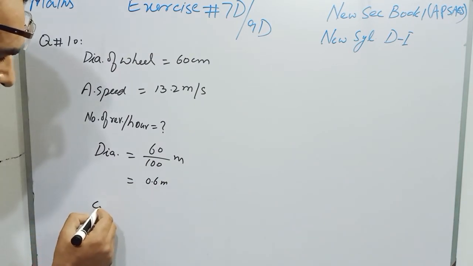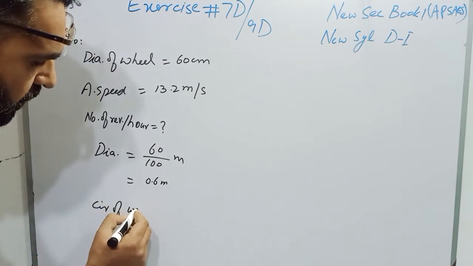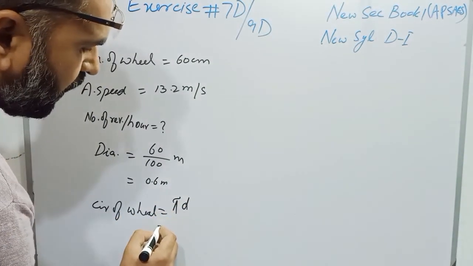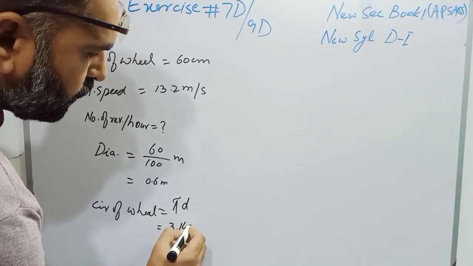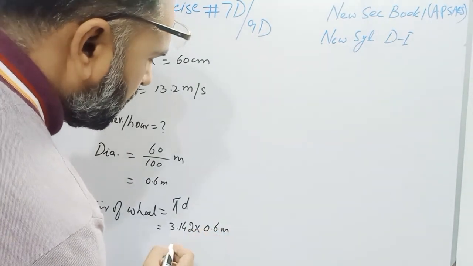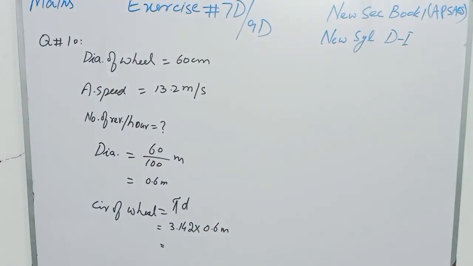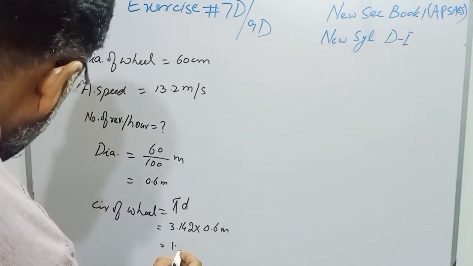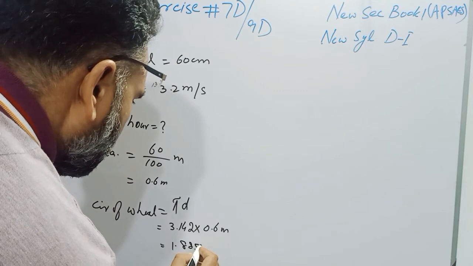And the circumference of the wheel is equal to pi d, and the value of pi is 3.142 as given, and d is 0.6 meter. Now students, I will multiply 0.6 with the value of pi, that is 3.142, and it is 1.885 meter.